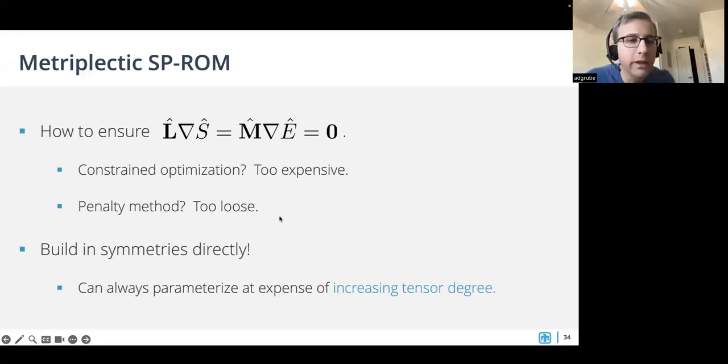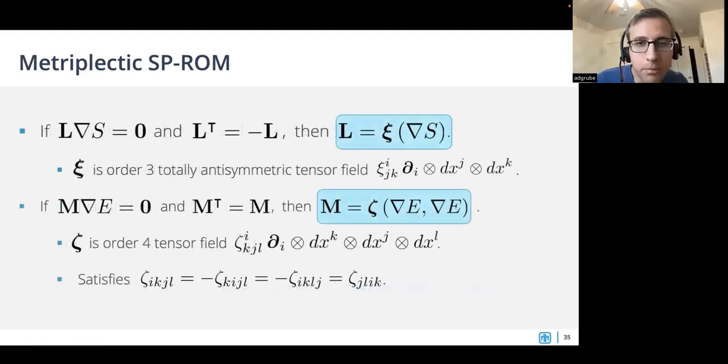The way that we came up with for doing this was to just bake the symmetries into the cake directly, which is a similar philosophy to what we did before. You just have to be a little bit more careful. In particular, you have to blow up the degree of your tensors in order to guarantee that this preservation takes place. So I'm going to show you exactly what I mean. You can show that if you have this vector in the kernel of L, and L is skew symmetric, then you can write that L as a totally antisymmetric tensor field acting on that vector.